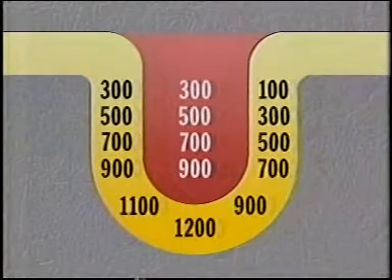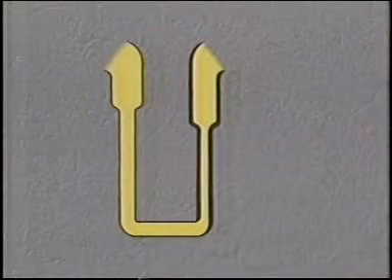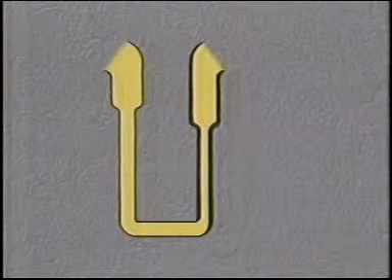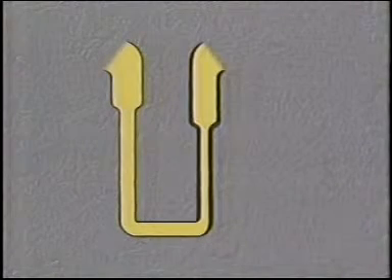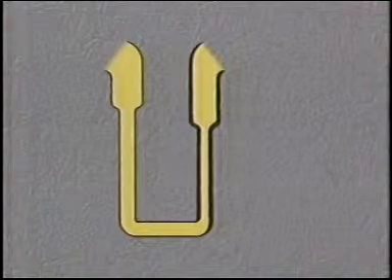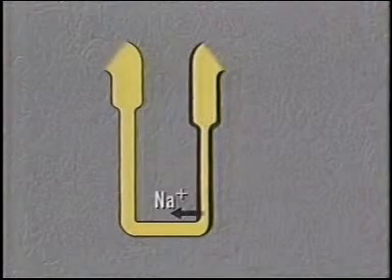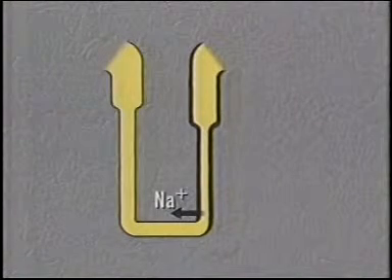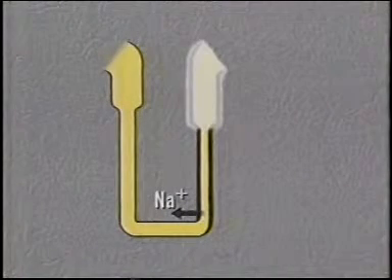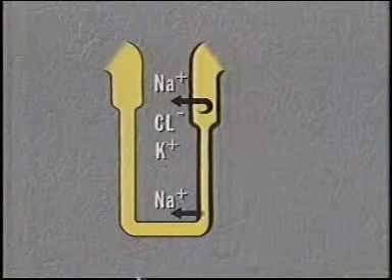The actual mechanism is more complicated because both ascending and descending limbs have thick and thin segments that show different transport properties. For example, in the thin part of the ascending limb, sodium reabsorption is predominantly passive, but in the thick limb there is active co-transport of sodium with other ions.